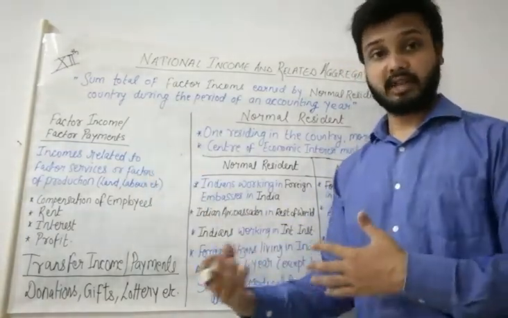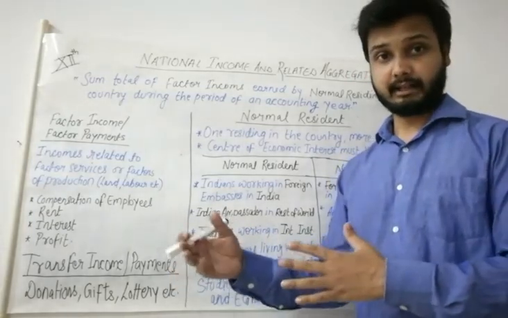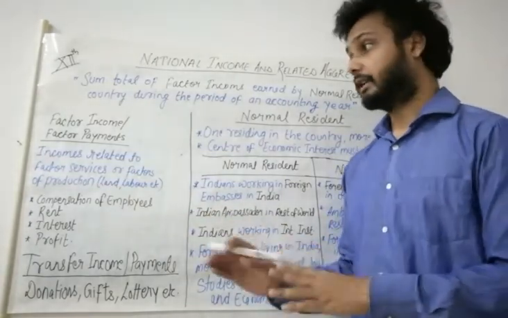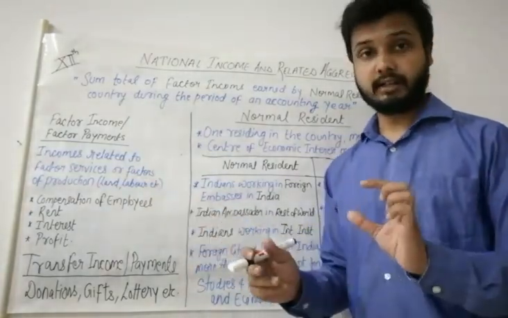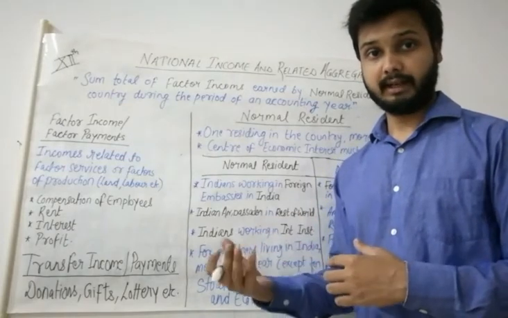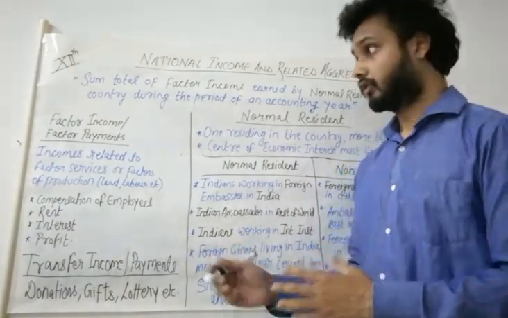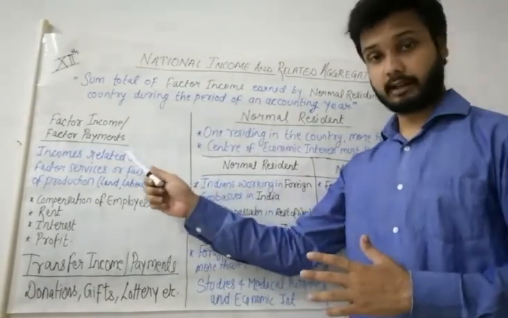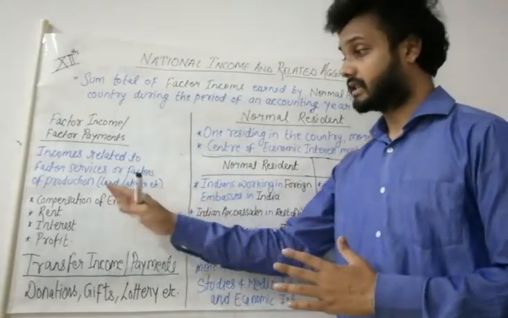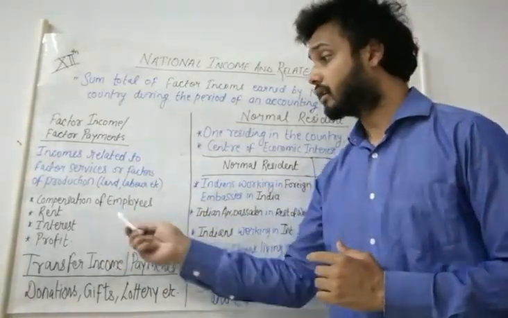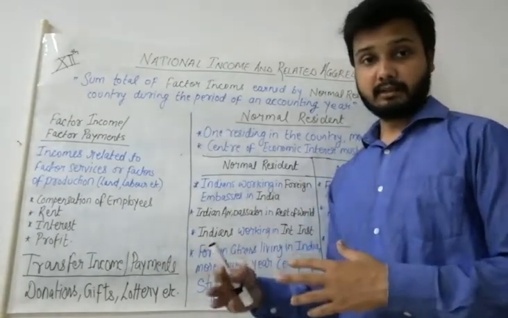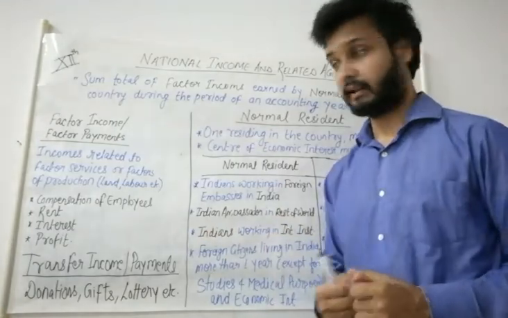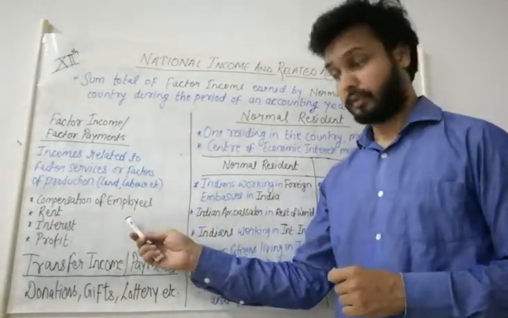If we have given our land on rent, the rent which we receive will be in factor income. It means that this is a type of earned income that we earn by providing any service or work. So all those earned incomes are included in factor income. Some things included in this: compensation of employees, if they are working for any organization, in whichever form they receive the payment, that will come in compensation of employees.